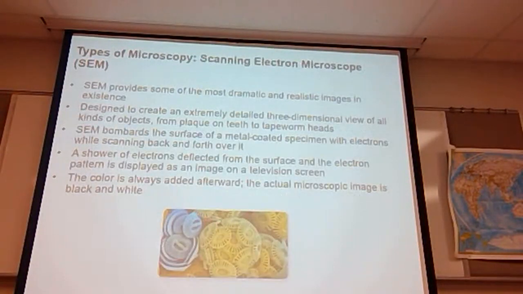A scanning electron microscope is another type of electron microscope, which provides some of the most dramatic and realistic images in existence. Again, very expensive piece of equipment. I have never laid my eyes on a scanning electron microscope. I have seen and worked with a transmission electron microscope.